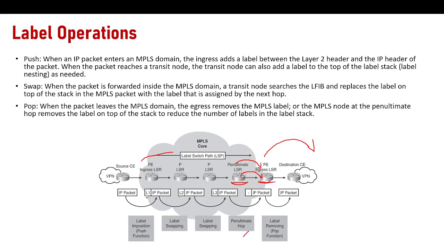Once it has removed that label, it still has to perform the route table lookup. So yes, this device can perform it, and the network will function okay, but it's not that efficient. So you can have a network without PHP, but if you have PHP, it will be more efficient in forwarding the packet from source to destination. Hope that's clear.